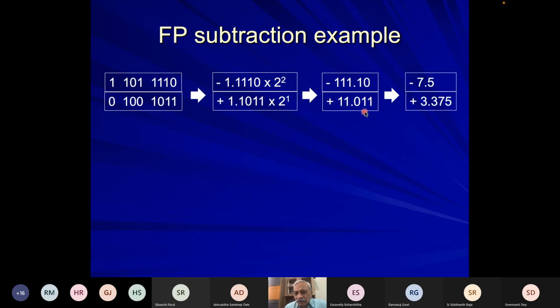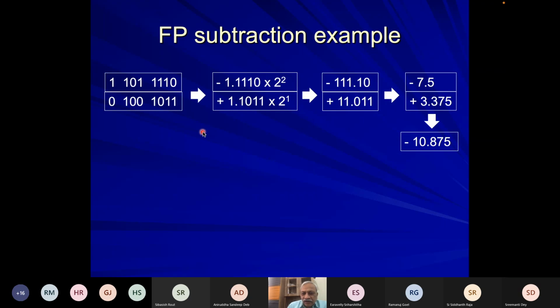If you were to do the subtraction, this is minus 7.5, this is plus 3.375, and the result would be minus 10.875. That is, 7.5 minus this number, in our familiar decimal domain.